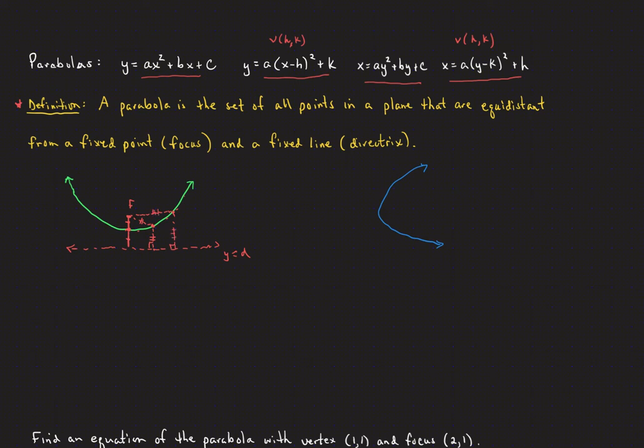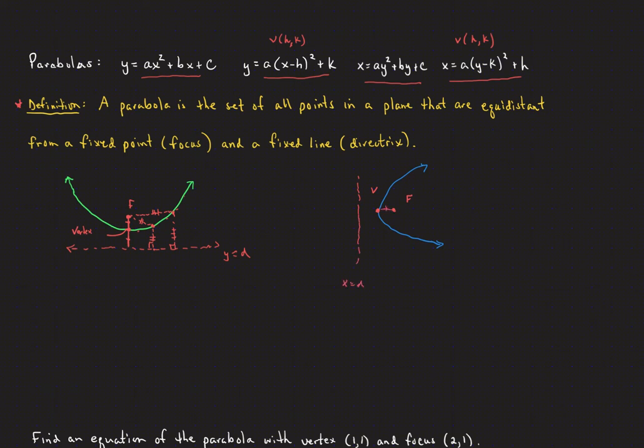Okay, so the focus is on the interior and the directrix is going to be on the exterior. Oh, and I should also say this is our vertex, as we have seen before. It's the lowest point on a parabola that opens up. If our parabola opens to the right or left, then this is going to be our vertex. Our focus will be on the interior, and our directrix would be a vertical line.